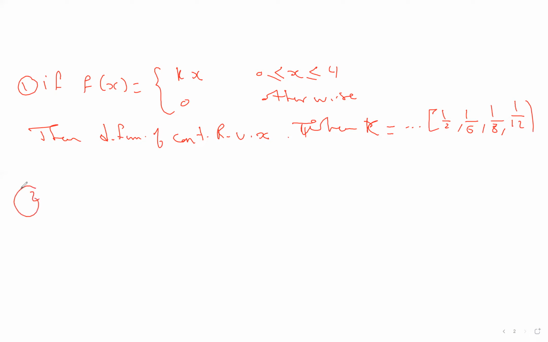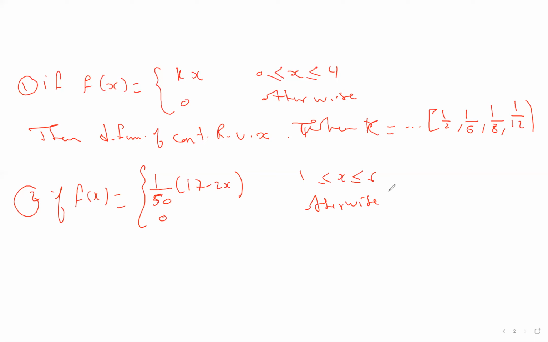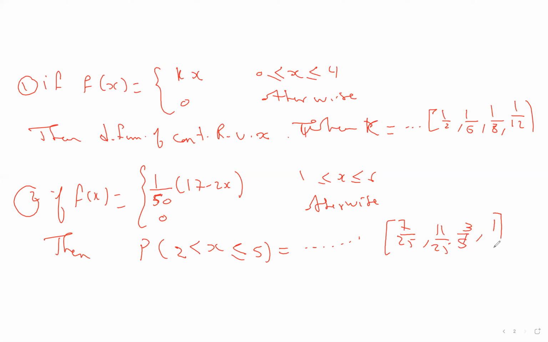Number 2, if f of x equals 1 over 50 times 17 minus 2x, when x is greater than or equal to 1 and less than or equal to 6, and 0 otherwise, then the probability of x greater than 2 and less than or equal to 5 equals 7 over 25, 11 over 25, 3 over 5, or 1.